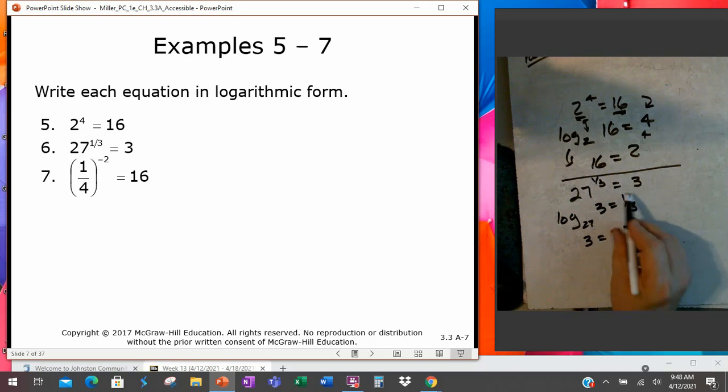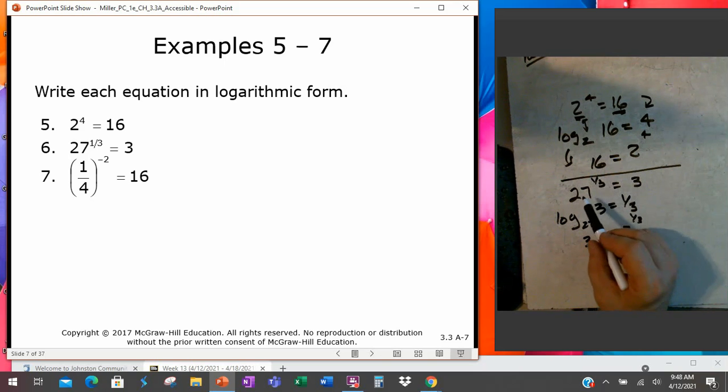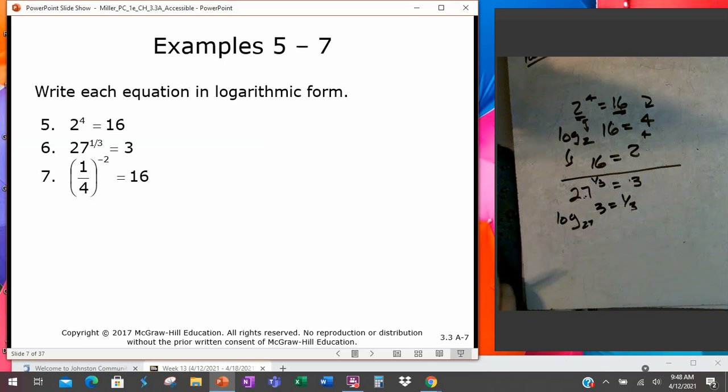What is that power? That's 1/3. That's the equivalent log form of this exponential form.